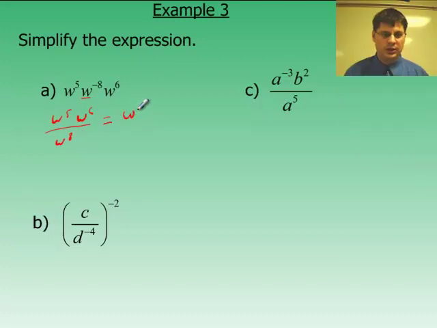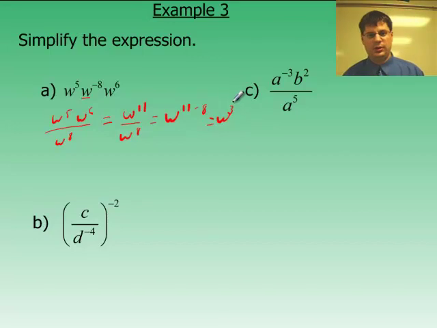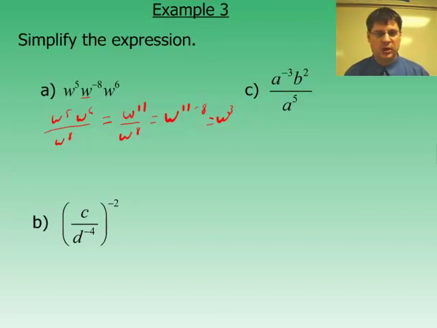So I'll have w to the 11th in the numerator and w to the 8th in the denominator. Then I would subtract these, w to the 11 minus 8, and that's going to leave me with w to the 3rd. So a different approach using these properties, get the same result.